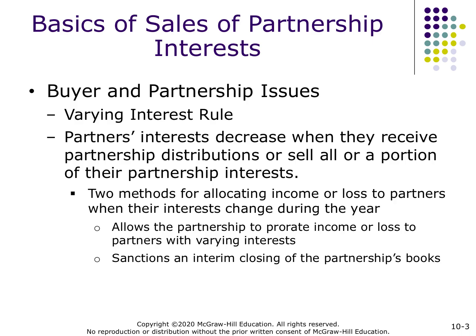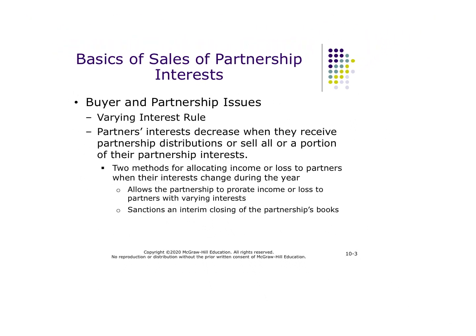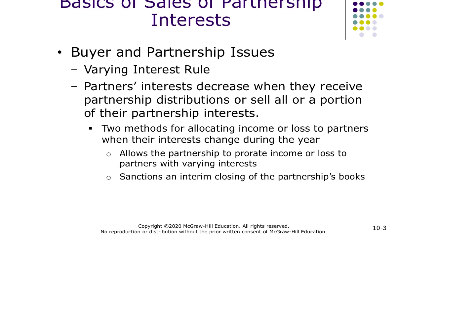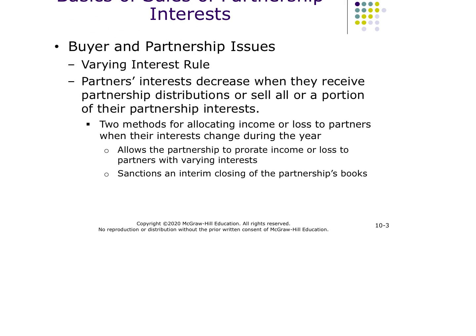Okay, so one of the big issues with partnerships is called the varying interest rule. And you essentially have a couple of different ways in which the partnership interest can vary. All right, so what happens when you receive a distribution or sell a portion of your partnership interest? Well, if you receive a distribution, then your interest is going to decrease.